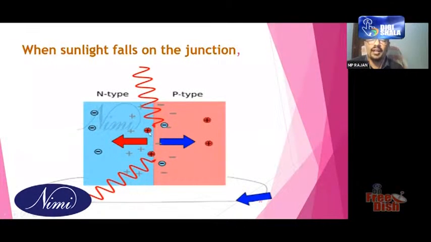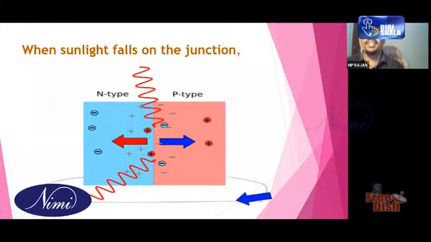Electron-hole pairs, a pair, are generated. So in the neutral region, electrons are broken free by using the photon or light energy. You will get a lot of electrons and holes. So electrons are here, and holes are here.